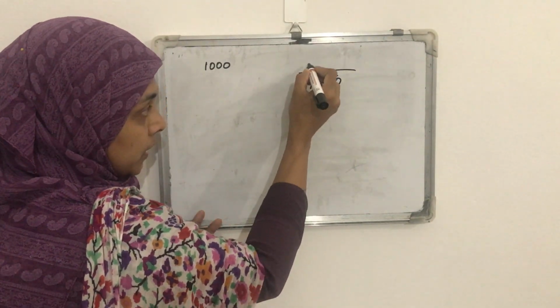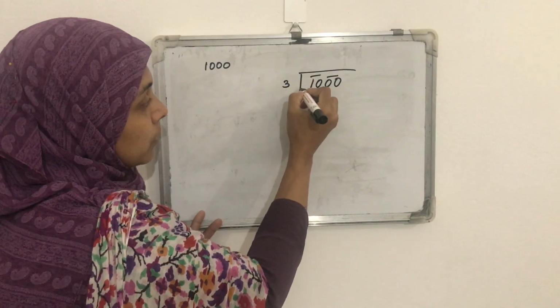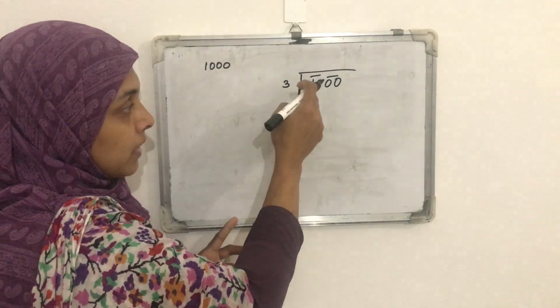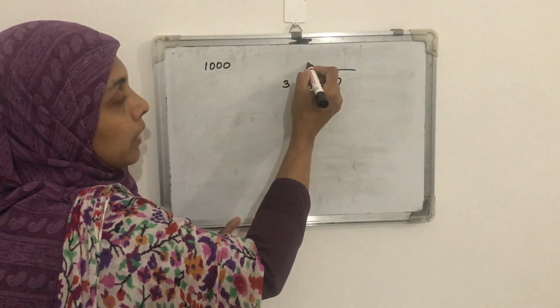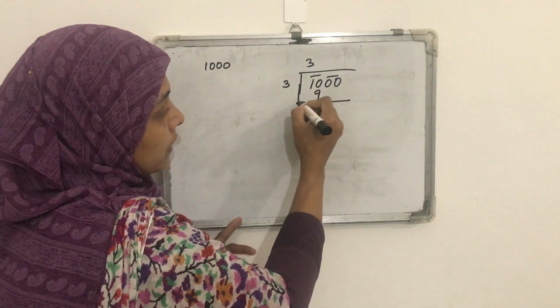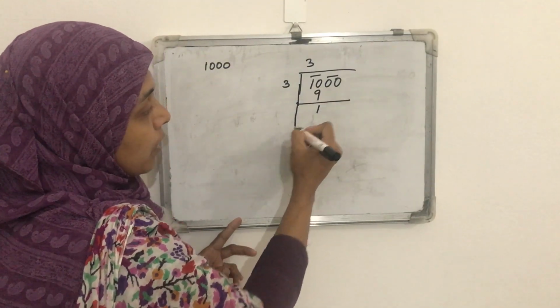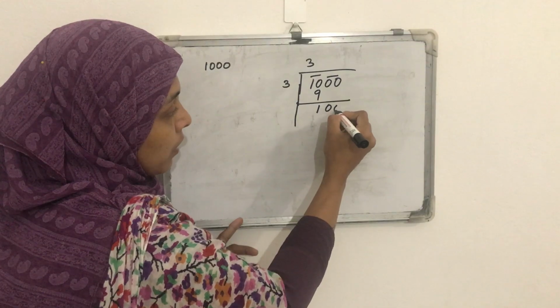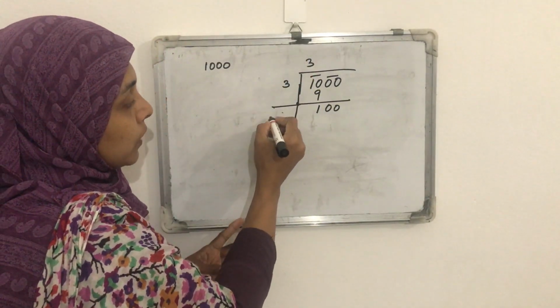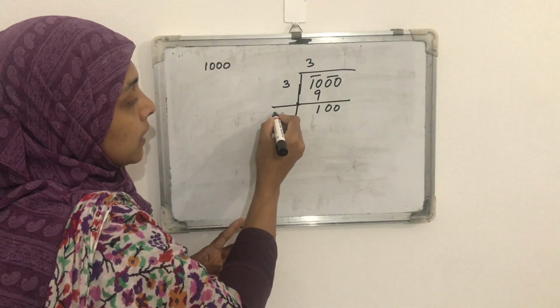So the least perfect square just below 10 is 9. Its square root is 3. Then that will be the quotient also. 3 into 3, 9. Then subtracting we will get 1. Then bring down the next two places. Next, double of 3 is 6.